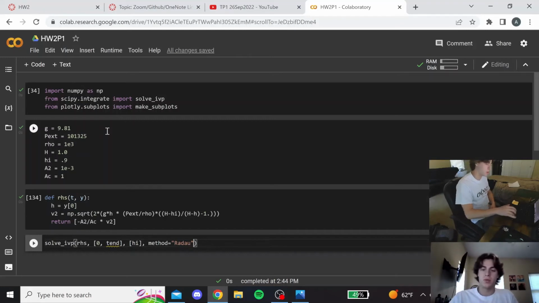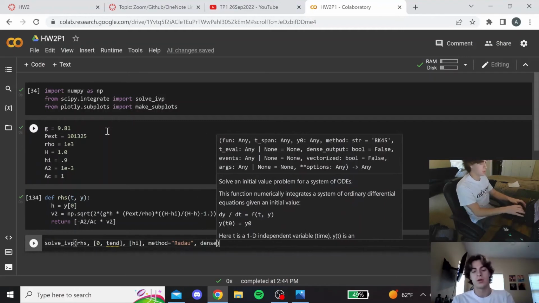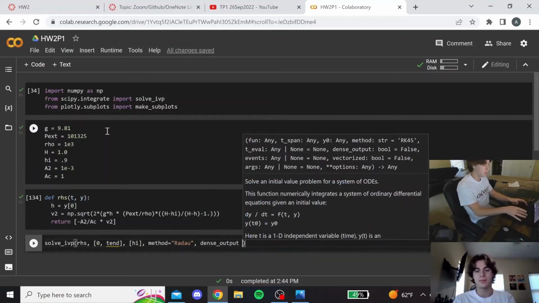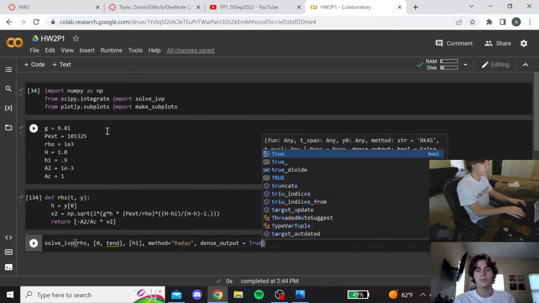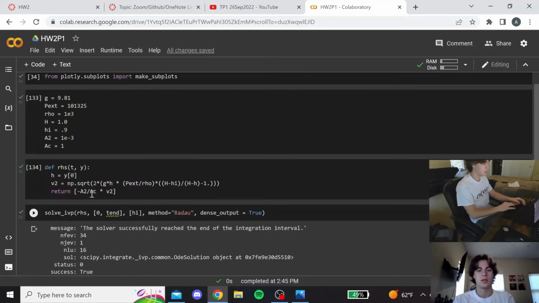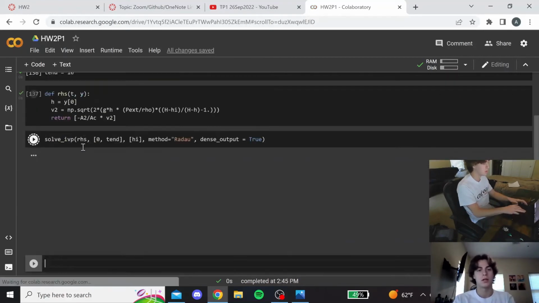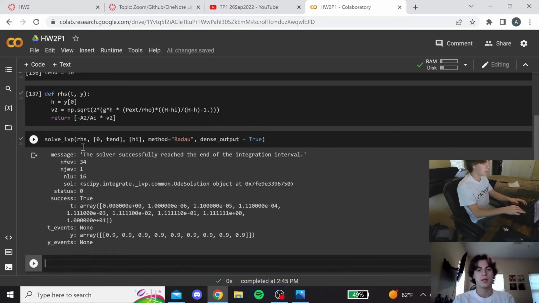It's the most robust, and it'll give us the least amount of errors in our calculation. Then I'm going to set dense output equal to true so that we can solve this at any point. I'll run this. Not really sure how it worked because we don't have t end, but I'll supply t end. We'll say 10 seconds. And it looks like it worked.